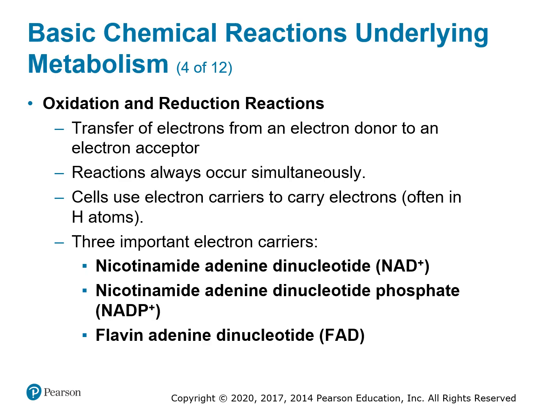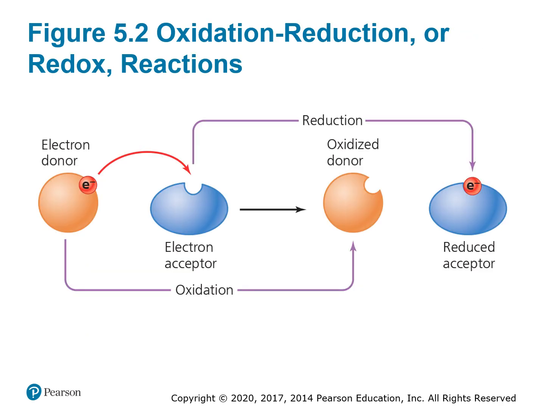We are going to be dealing with three important carriers, and these are NAD+, NADP+, and FAD. So these have different structures, but they do a very similar thing, and that is to carry or to accept electrons. And so here, going back to that concept, for something to be oxidized, it has to lose an electron. So here we see an electron donor molecule that has the electron in red, and that is giving it up.